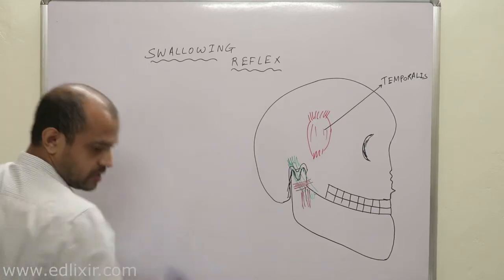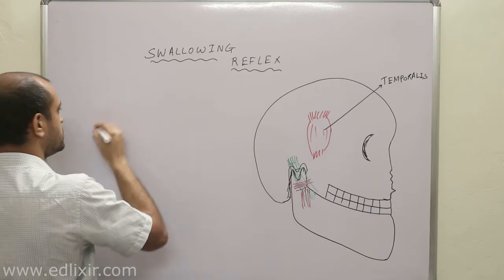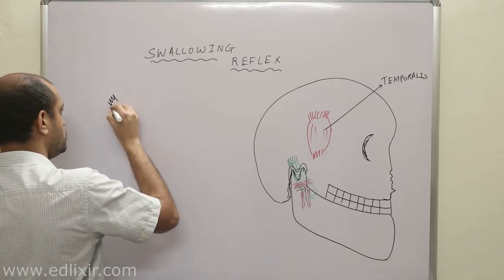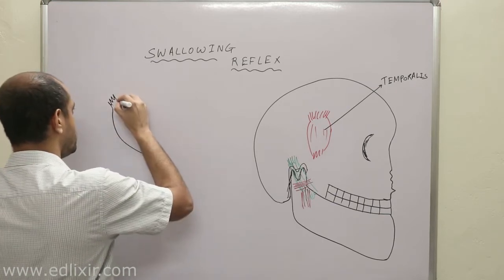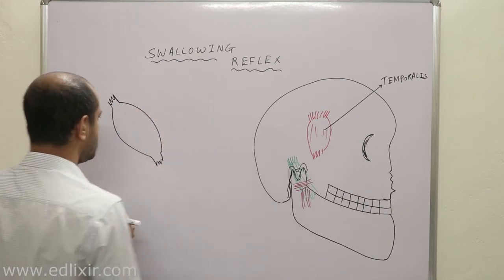For a quick recap, we must understand this very basic thing. I am not going into details; better you go to that video where I have discussed in detail. Now, this is a muscle.